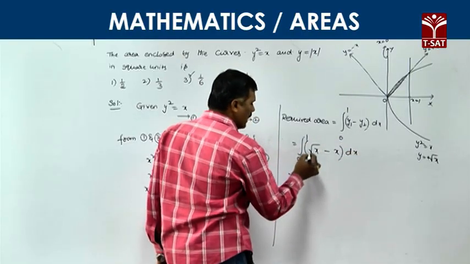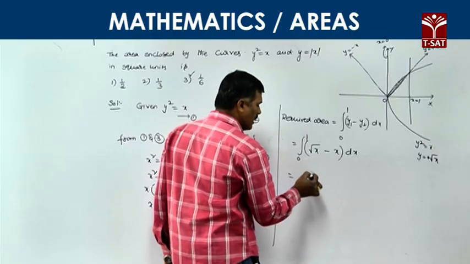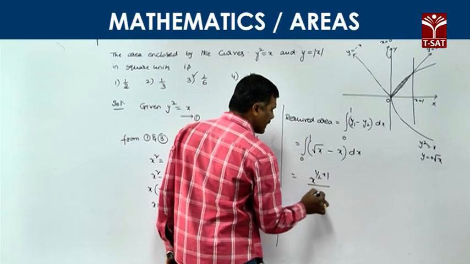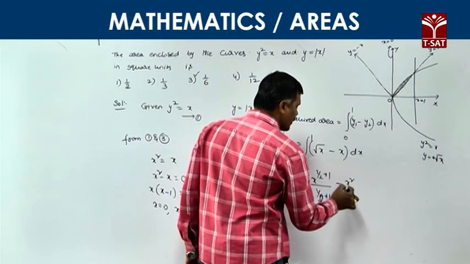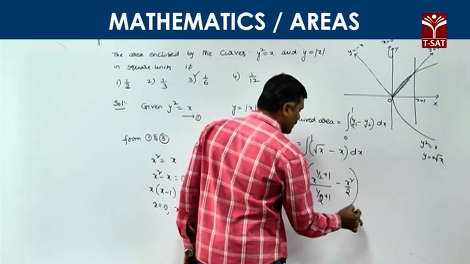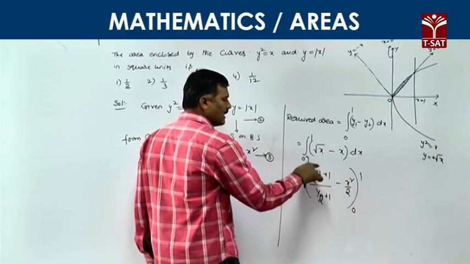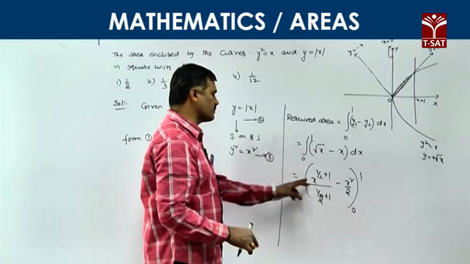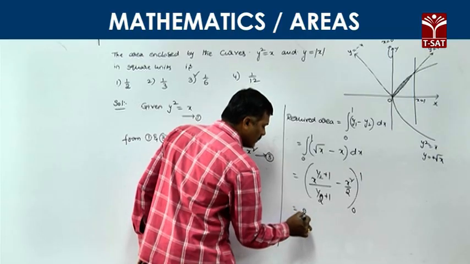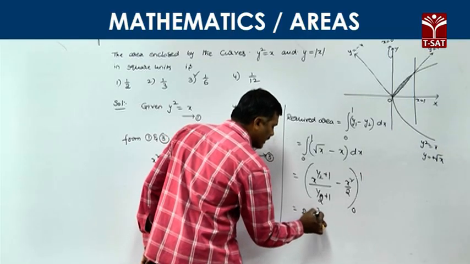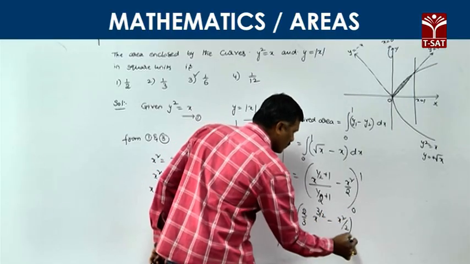Now integrating: root x means x power 1 by 2, and the integration of x power n is x power n plus 1 by n plus 1. In place of n we have 1 by 2, so 1 by 2 plus 1 is 3 by 2, and it becomes 2 by 3 x power 3 by 2, minus the integration of x, which is x square by 2, with limits 0 to 1.